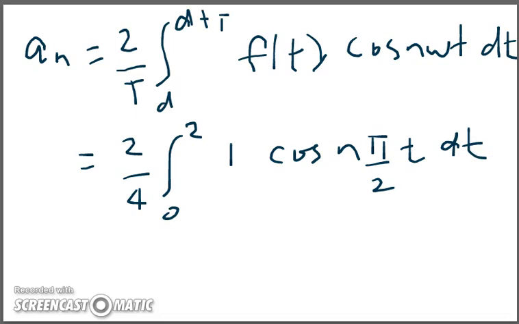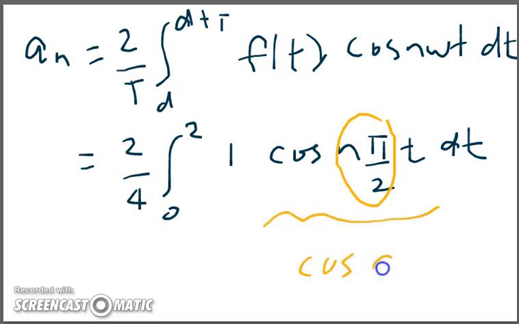When we want to solve the cosine integral, we should know the basics of it. What we can see from this example is that t is multiplied with n pi over 2, so we can consider this like cos at.